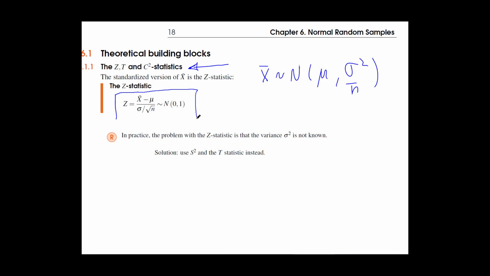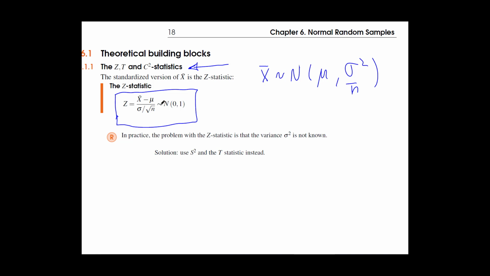We subtract the mean, mu, and divide by the standard deviation of the random variable, which is sigma divided by square root of n. And this has the normal 0, 1 distribution by definition.